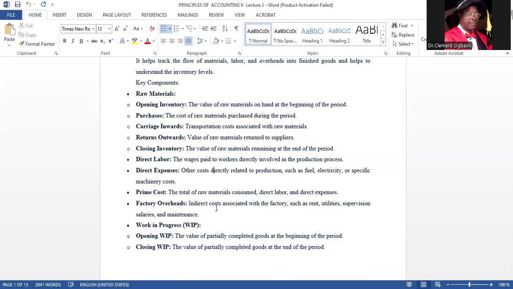An example of indirect labor is where you put a security man where operations are carrying on. If it is 1 or 2 of them, when your operations increase, it does not mean that you are going to increase the number of security.